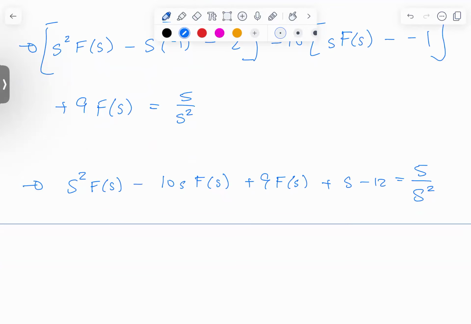All right, so our goal is to simplify that out once we plug the initial conditions in.